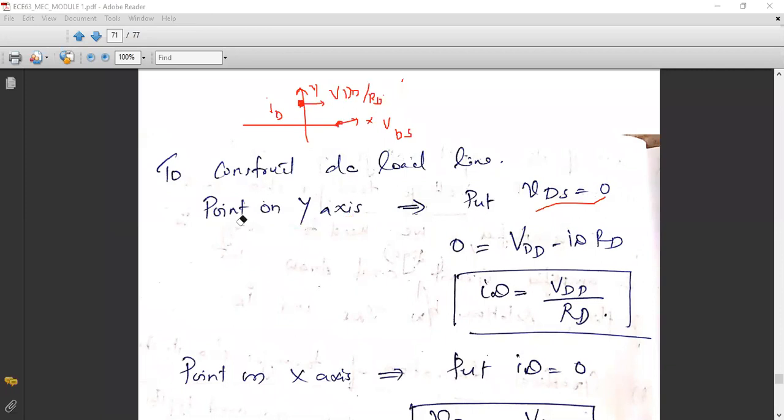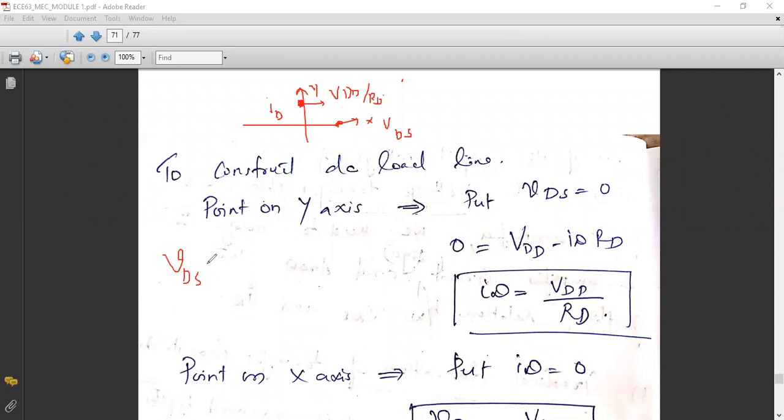Now, similarly, in the next case, we are going to find the x-axis intercept. So we have to find a point on the x-axis. For that, we have to keep the y-axis coordinate as 0. So you have to put ID as 0 in your main equation, which is VDS is equal to VDD minus IDRD.